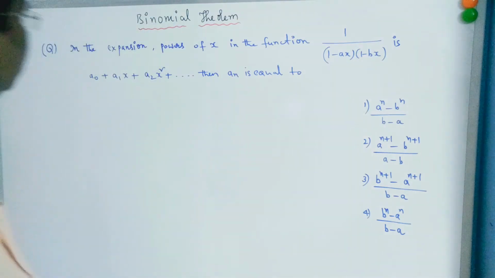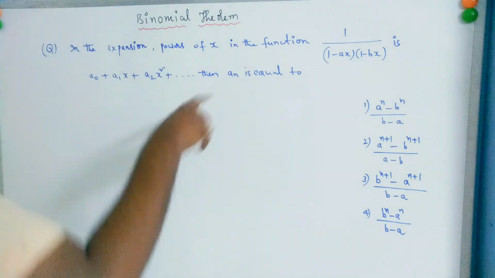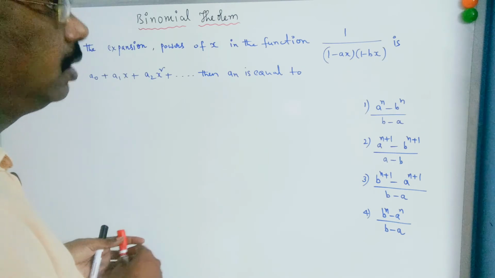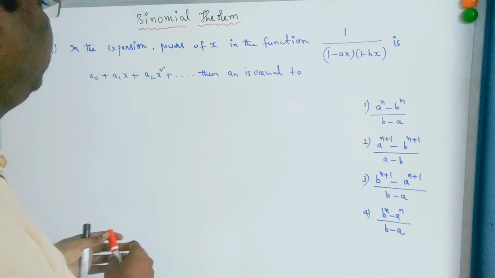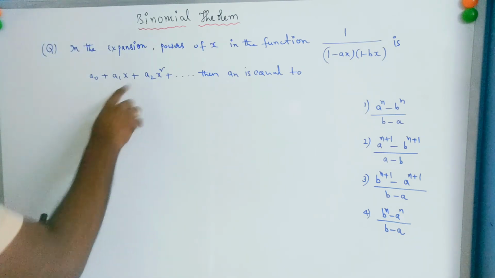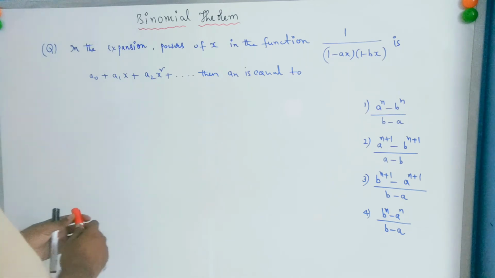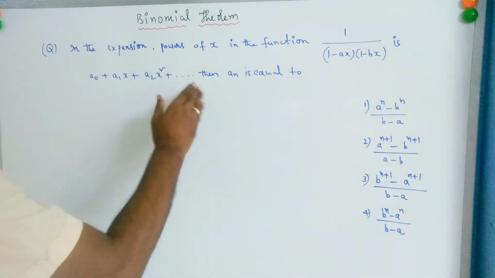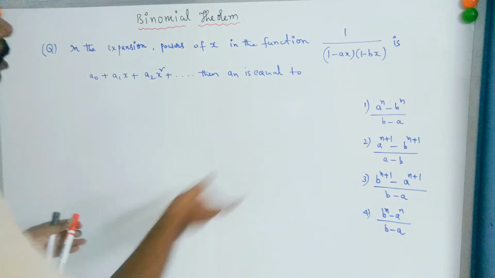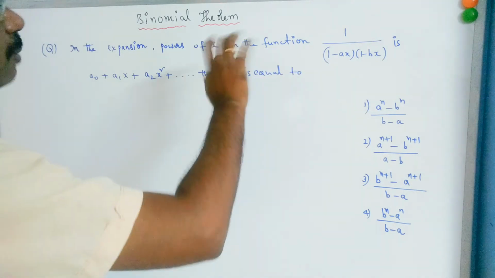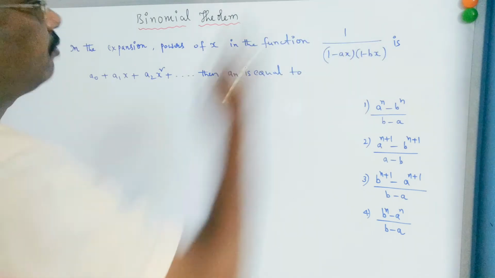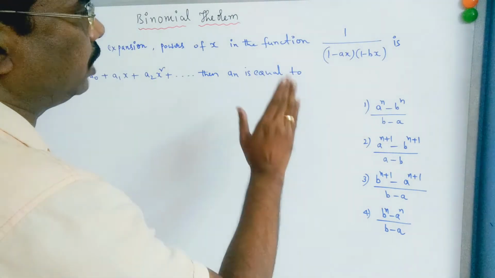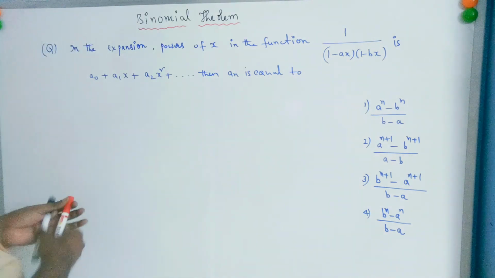Next one: in the expansion of 1 by (1 minus ax) into (1 minus bx) is a0 plus a1x plus a2x square plus up to so on, then find an, the coefficient of x power n. Now here the given expression we resolve into partial fractions.